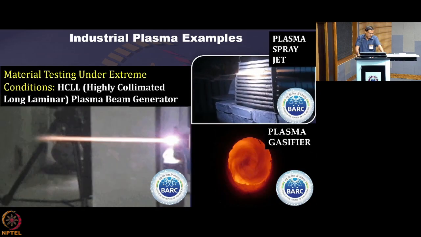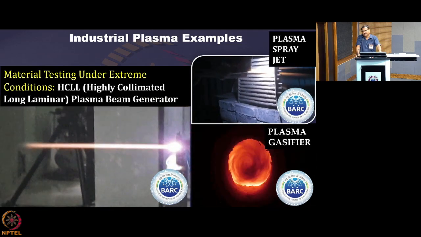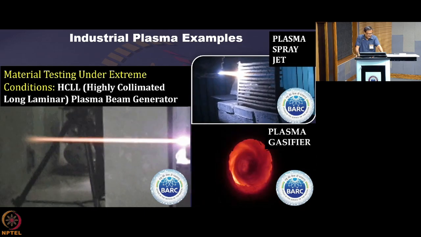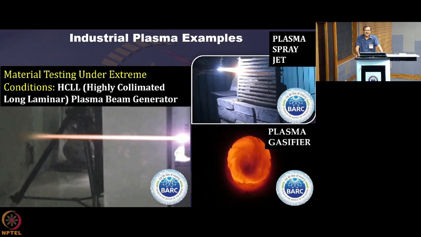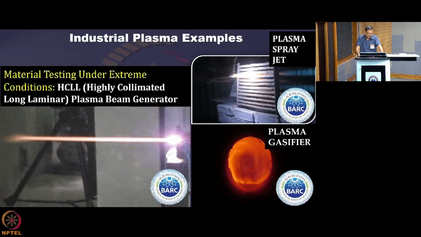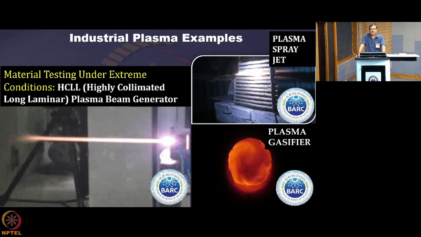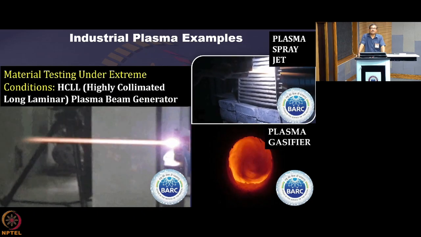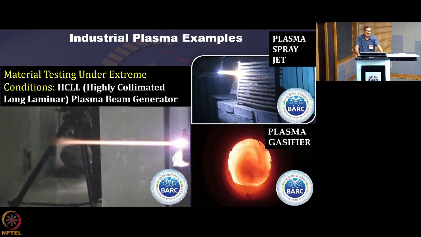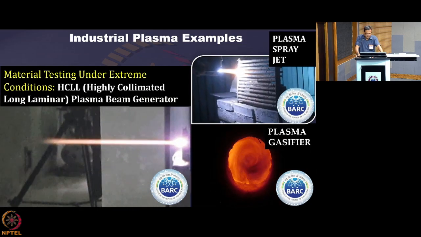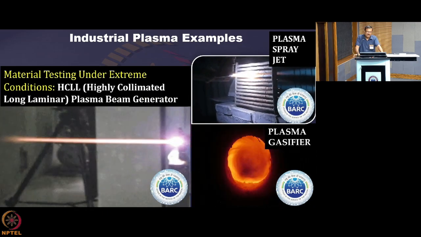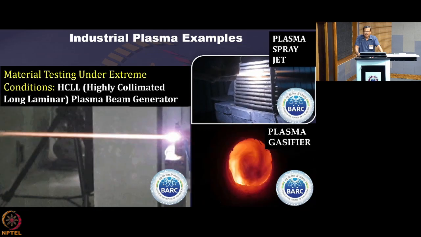This technology requires high technological skill, but it is now being used in high-end applications in many places. In one of the coatings, in the upper right corner, you have seen the plasma torch mounted on the hand of a robot, and the robot is moving as per the program made by the user.